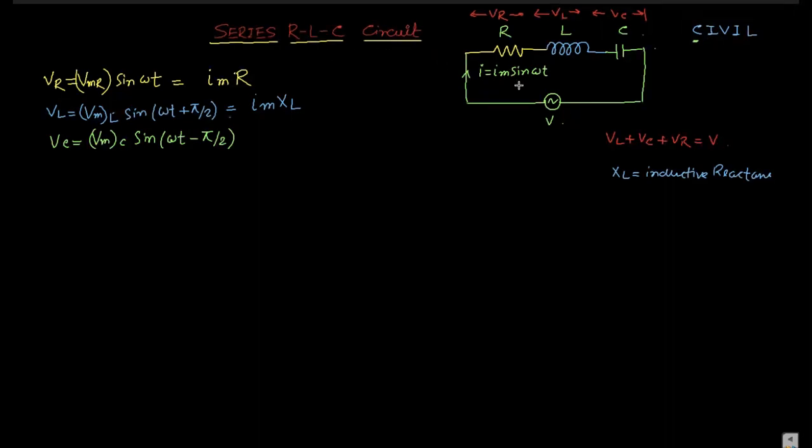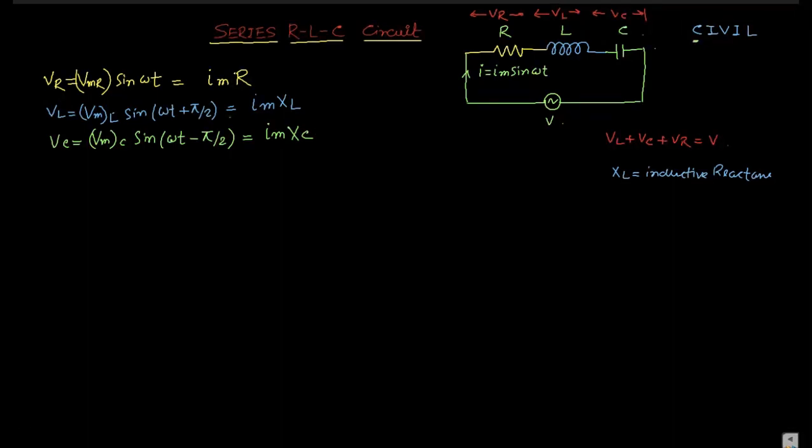So if current is Im sin omega t, then V becomes Vm sin omega t minus pi by 2, so you can write it as Im into XC. You got this?